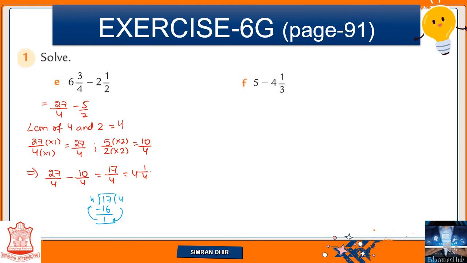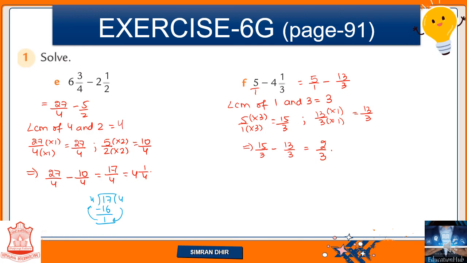Let's take the next part, that is 5 minus 4 1 by 3. 5 के नीचे कोई भी denominator नहीं है, that means it has 1, and when we convert 4 1 by 3 into improper fraction we will get 13 by 3. Again दोनों हमारी unlike fractions हैं, we are going to convert it into like fractions.